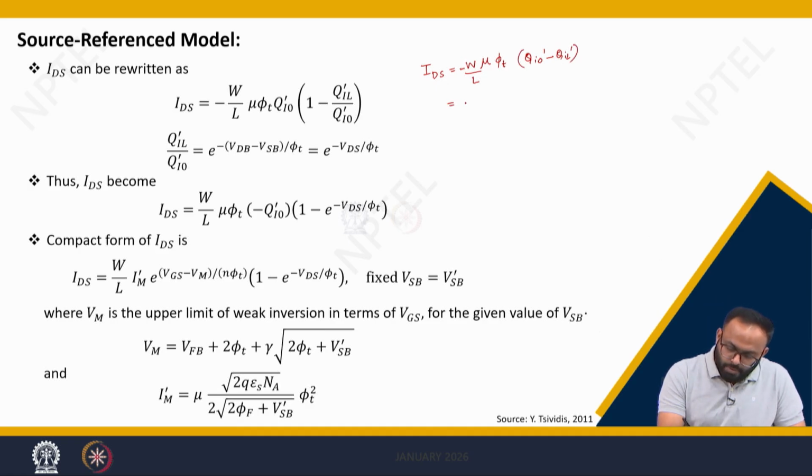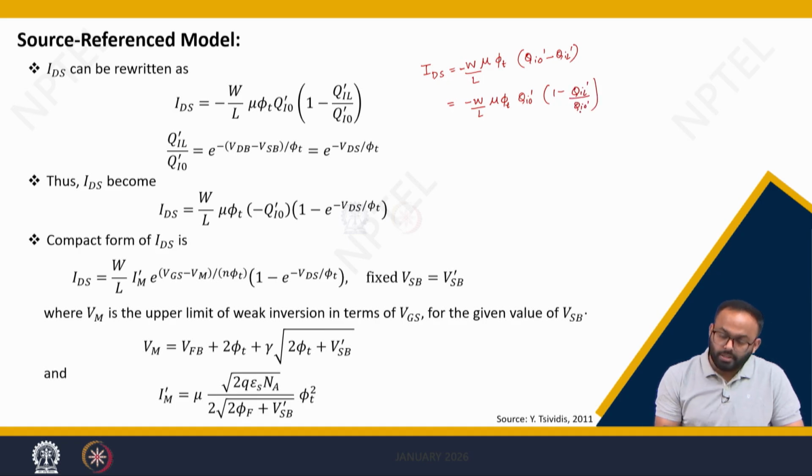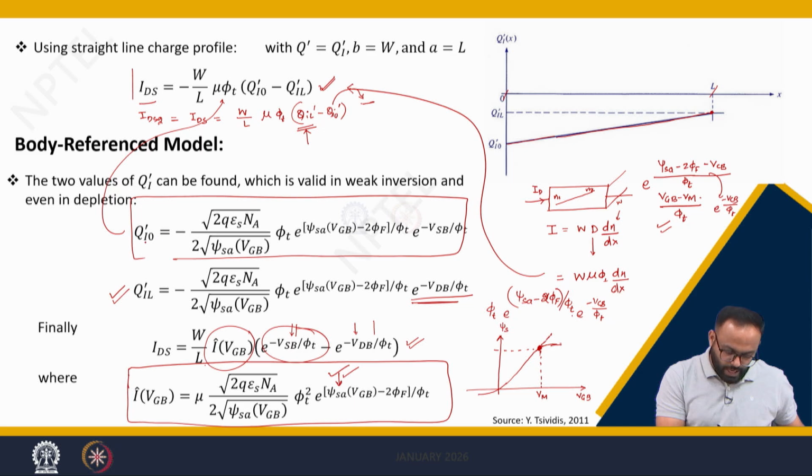What I will do is minus W divided by L mu into phi t, take Qi0 dash common, 1 minus Qi L dash divided by Qi0 dash. If you take these values from the previous slide, you will get that Qi L dash divided by Qi0 dash, every parameter will get cancelled, you will be left with only e to the power of minus Vdb minus e to the power of minus Vsb.